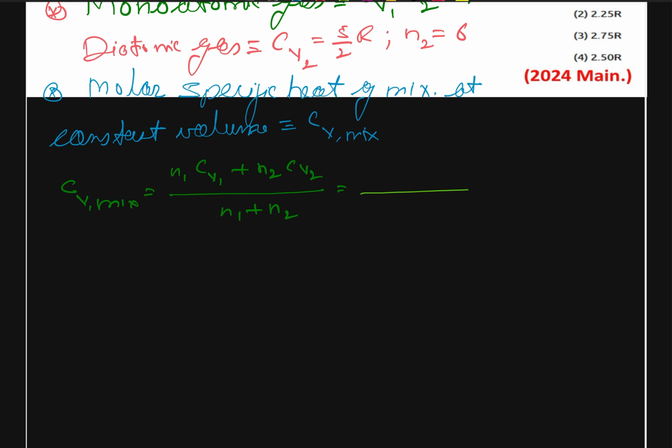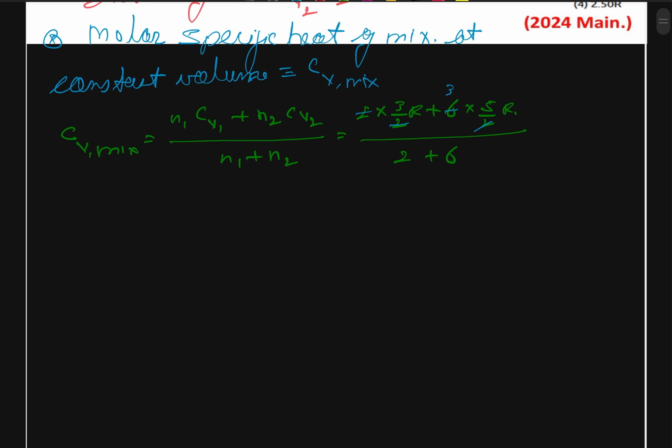So this will be coming as 2 plus 6 in the denominator, and we get 2 times 3 by 2 R plus 6 times 5 by 2 R. 2 and 2 goes away and 6 goes by 3.